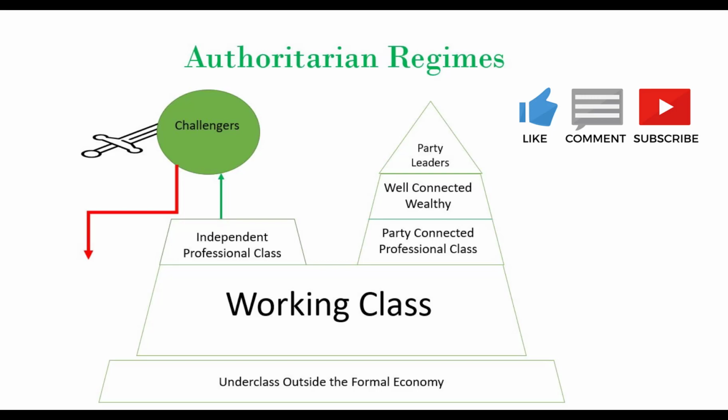That is kind of the way authoritarian regimes are structured. That's why a lot of their power is based on force or the threat of force. So the military is often in the ranks of party leaders, the party-connected professional class, and the well-connected wealthy have a disproportionate amount of military veterans as a percentage of those classes.